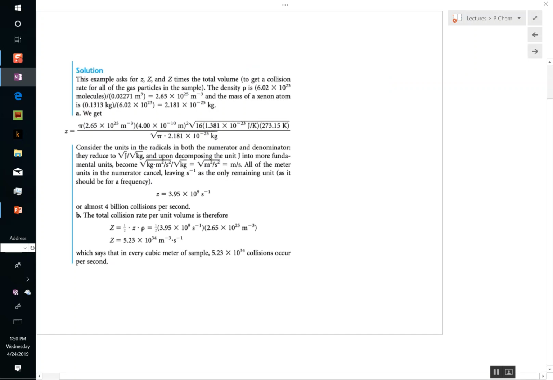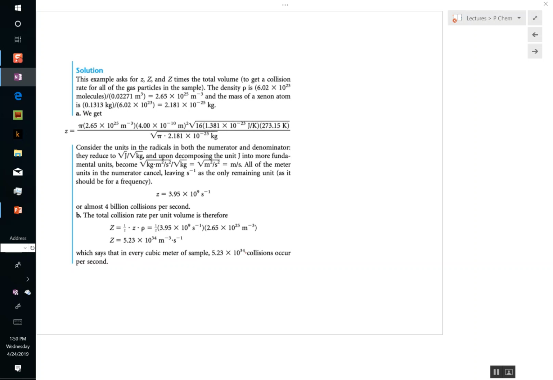I do want you to look at this bottom line. We're at the freezing point of water right here, talking about xenon, and look at this.